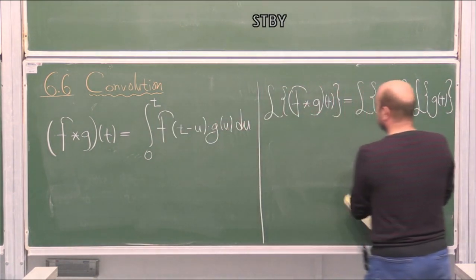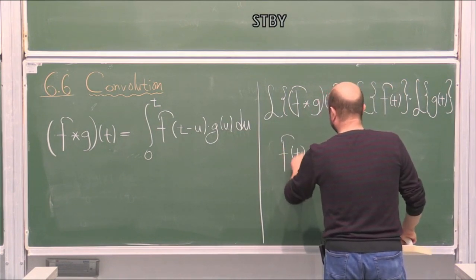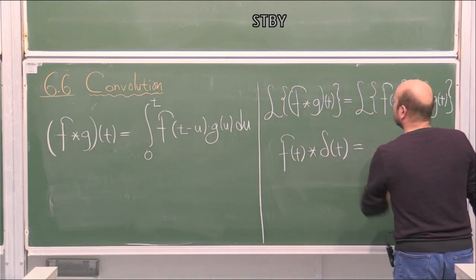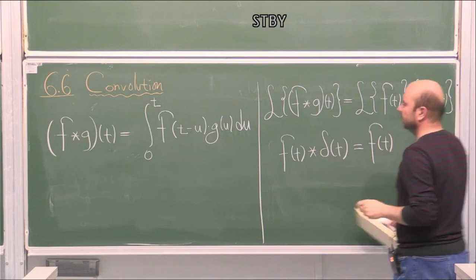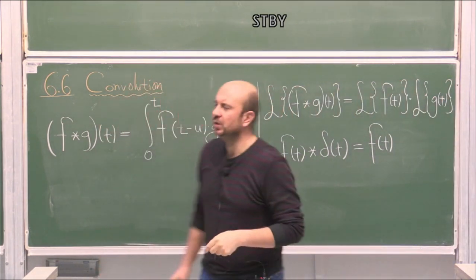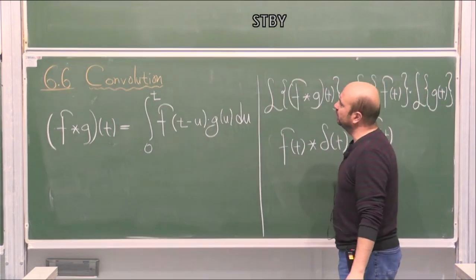This was in the proof, so we proved this. So f convolution with delta at 0 is equal to f. So basically delta at 0 is the identity element of this operation.